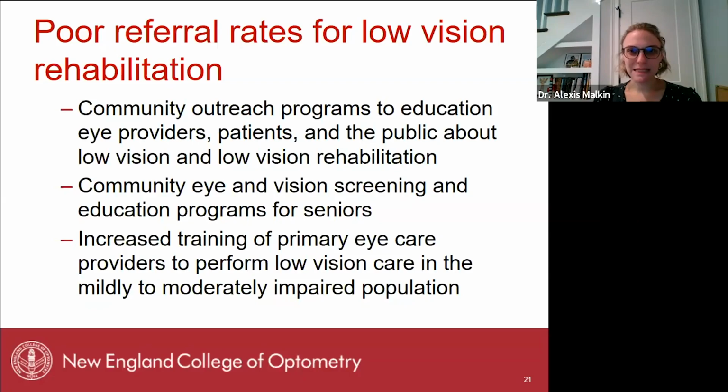They feel a bit less comfortable coming to the doctor to say, I think your services could help me, but I don't have transportation, or I'm not sure my referring doctor would be comfortable with it. So it's really nice that we've used community members to bridge that gap. And then what we're doing today, which is to try to train more primary eye care providers to do this basic low vision rehabilitation.